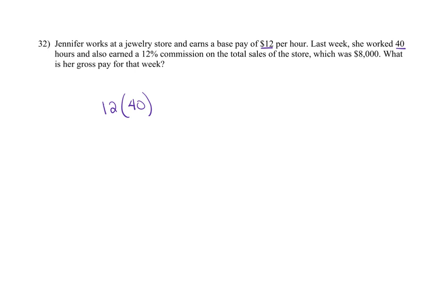That's not all she got. In addition to that, she earned 12% of the sales. How do we calculate what she earned off the sales? So we're going to say that $8,000 in sales times what? 0.12. That total should give us what she earned, right? So if we do the 12 times the 40, what do we get here?